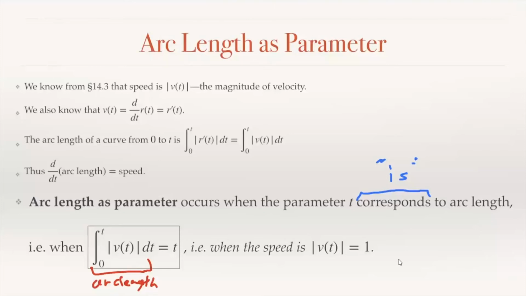But this is the same as saying that the speed, that integrand, is 1. The only way for this to be the case for all t is if that integrand is 1, and thus the integral is just 1 times t, evaluated between 0 and t, yielding t.